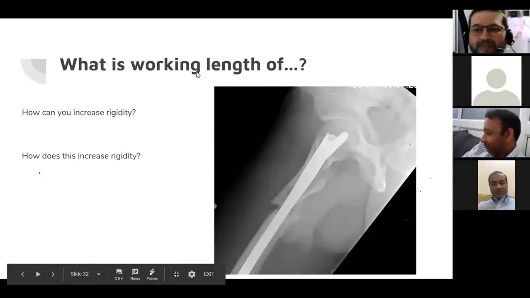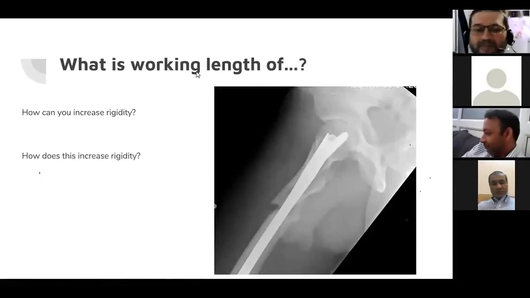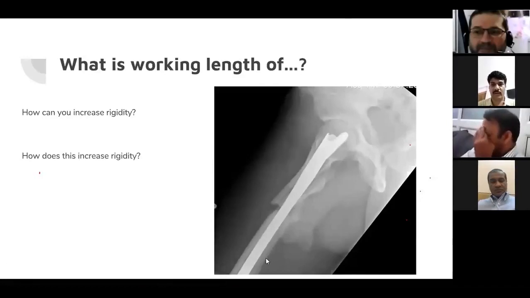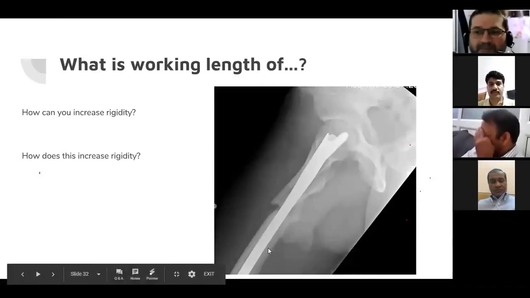The definition is the unsupported length of the construct. So we have support here, correct? We also have support at the diaphysis of this femur, because that is the narrowest point, and we've tried to get the nail in at the size of the diaphysis, or just a couple of millimeters smaller than the diaphysis. Isn't that right? Correct.